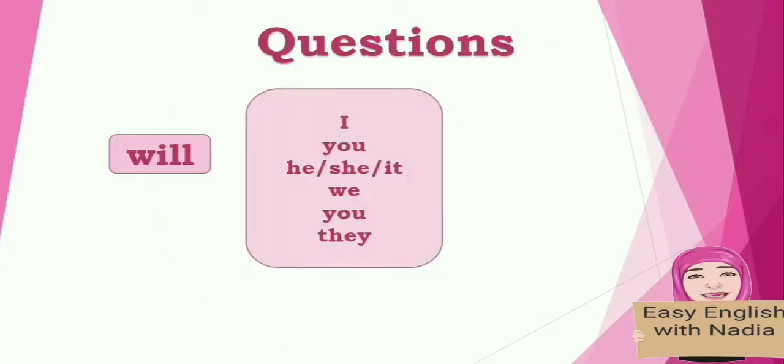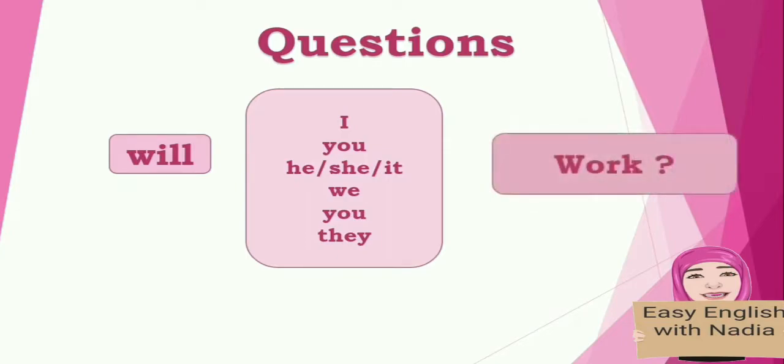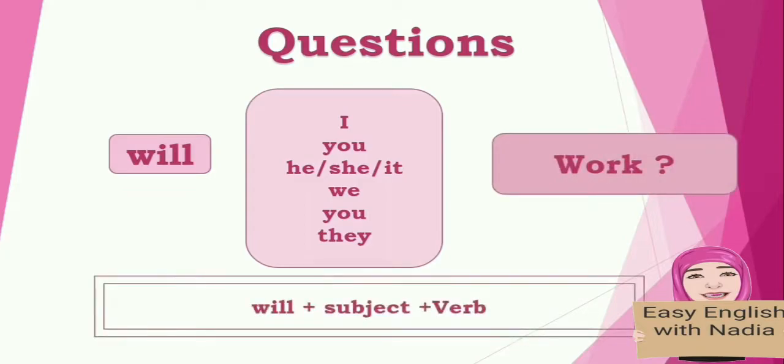Remember, will plus I, you, he, she, it, we, they, plus verb. So, will plus subject plus verb. For example, will I work? Will you work?